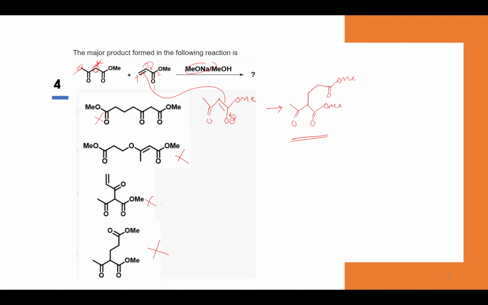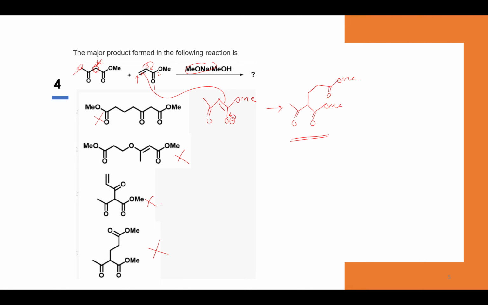Because this proton is sandwiched between these two carbonyls, it is more acidic compared to these two alpha protons, right? Because these are alpha to only one carbonyl, but this center is alpha to both the carbonyls. So this is the most acidic proton, and proton abstraction will take place from here.